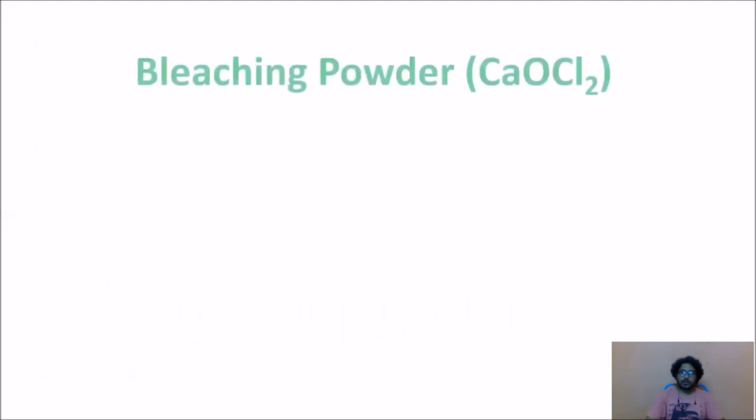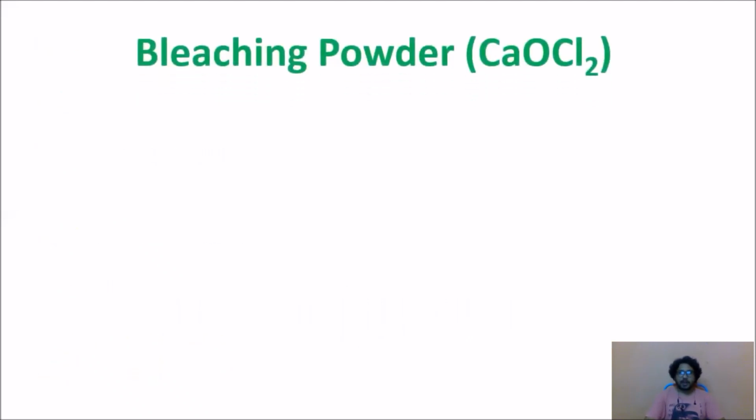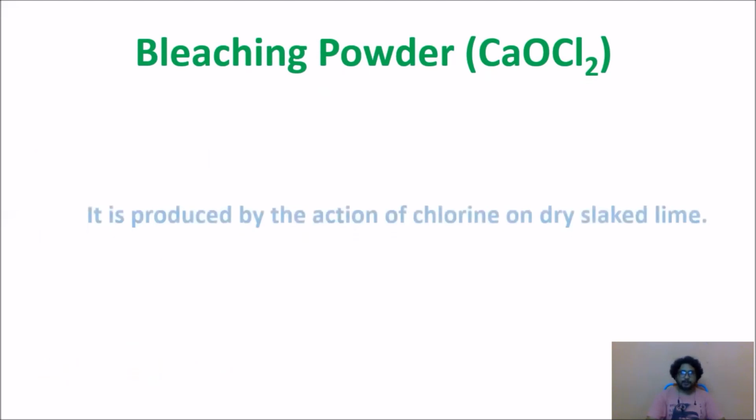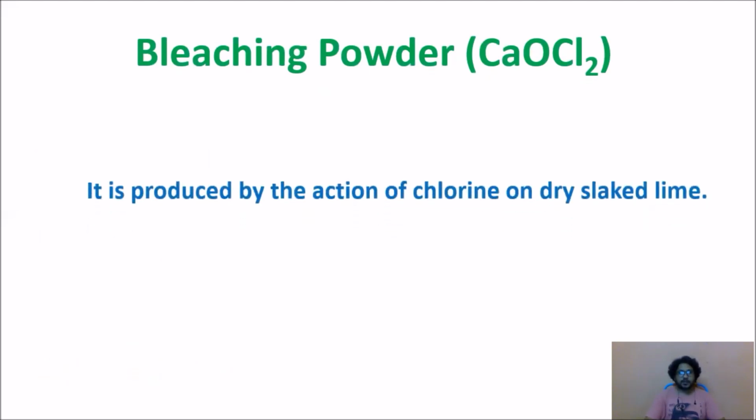Moving to the next salt, bleaching powder, that is CaOCl2, calcium oxychloride or calcium hypochlorite. It is produced by the action of chlorine on dry slaked lime.